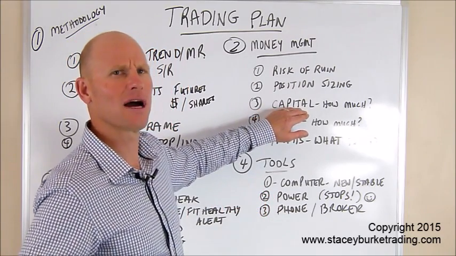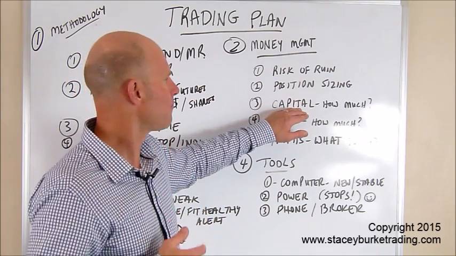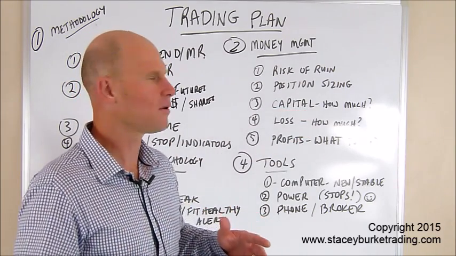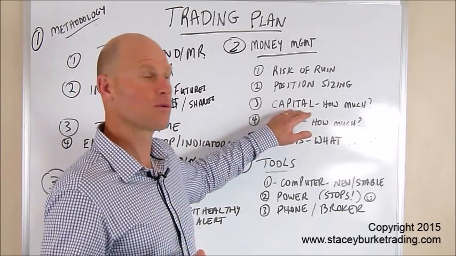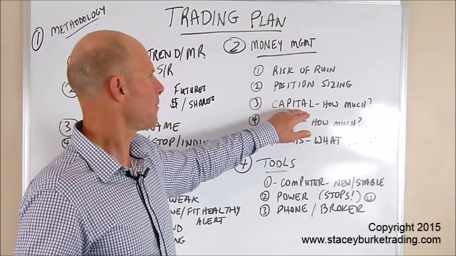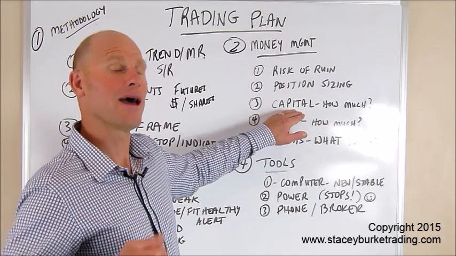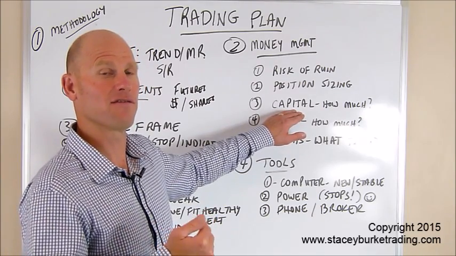How much capital do you have to start to trade with? Is this a small percentage of your overall capital? How much of that are you willing to risk? And how much of that are you willing to lose if you head into a drawdown or a negative phase of trading?